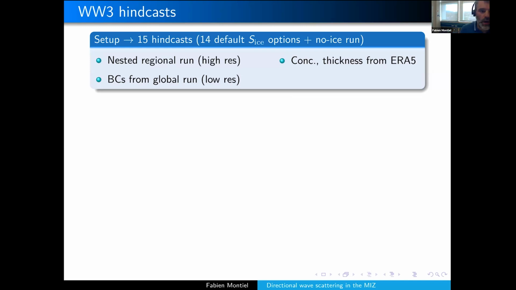And so the way the hindcasts were set up here is we ran a hindcast on a regional, so a nested regional run at fairly high resolution, which was forced on its boundary by a lower resolution global run.